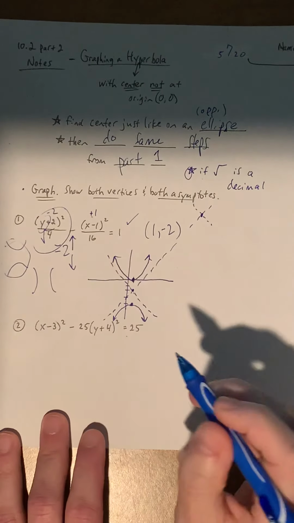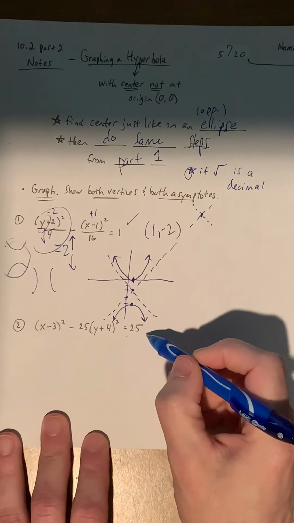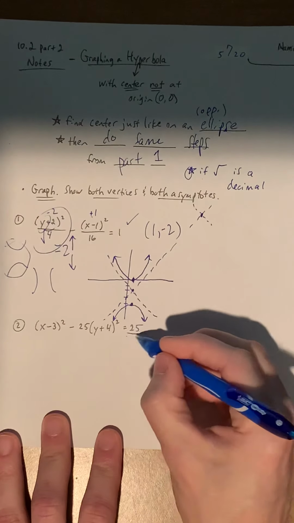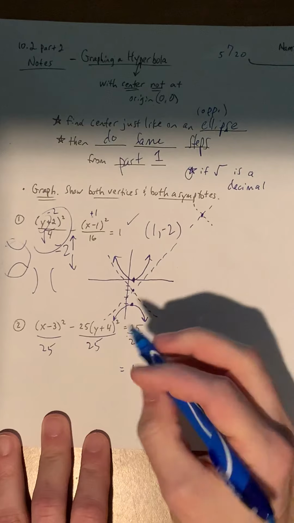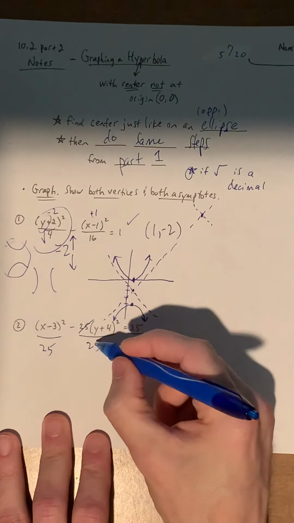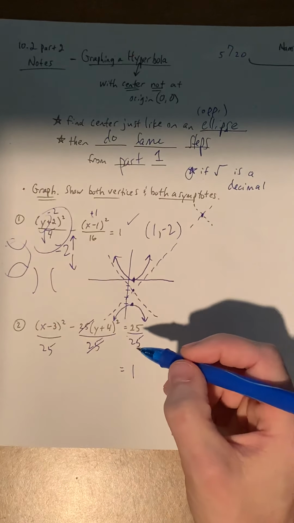Now this one does not equal a 1. So if you want, you can divide 3 by 25. So divide both fractions by 25 and also by 25 here. So now in our equation, we have a 1 on the right, which is what we want. These will pretty much cancel.